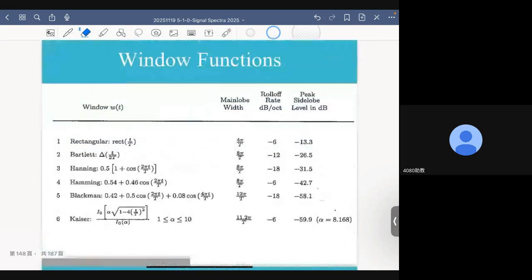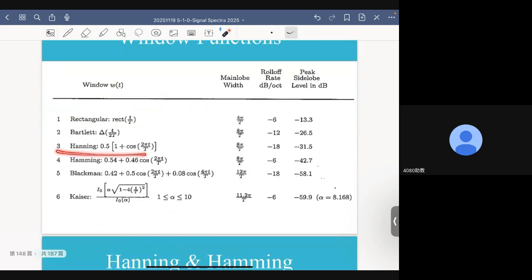All right. Now, this table summarizes popular window functions that can be used. The first is, of course, the rectangular window function, and then the most popular window functions that I know of are Hanning and Hamming. Okay. Why do we want to use window functions? We want to reduce side lobes.